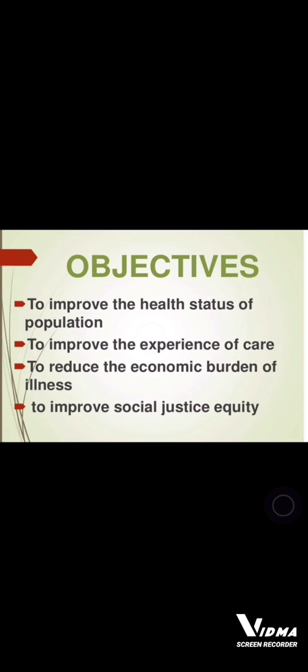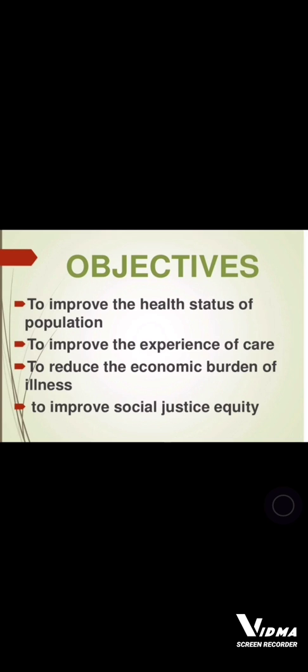Next, what is the need and the objective of the healthcare delivery system in India? After the definition, we will see the objectives. The first objective is to improve the health status of the population.